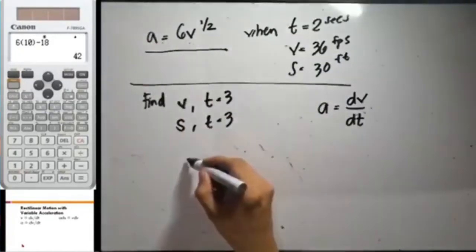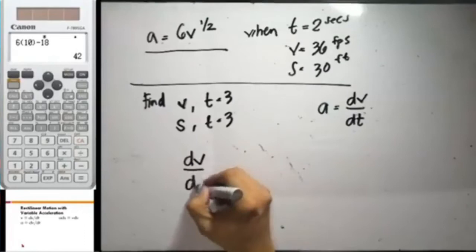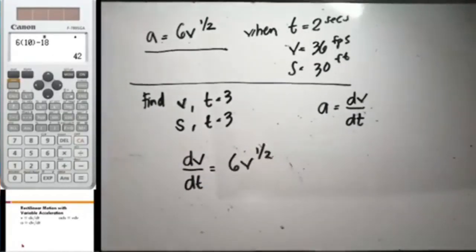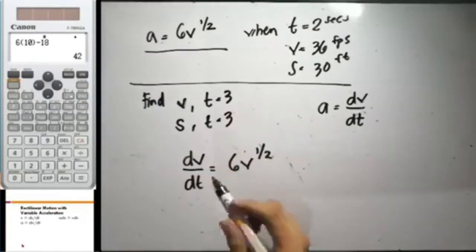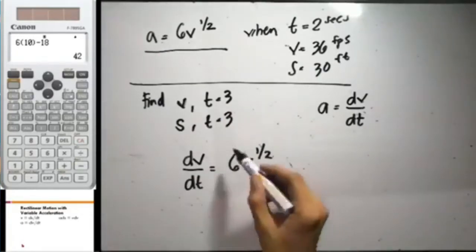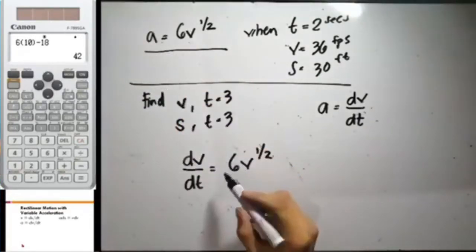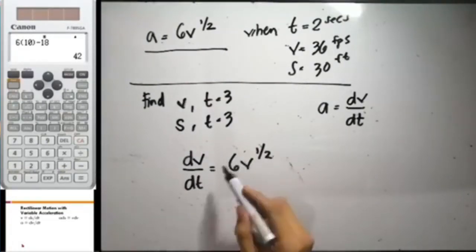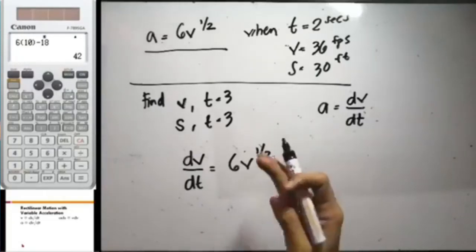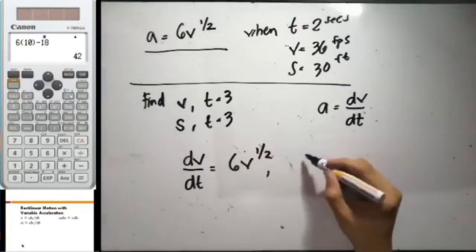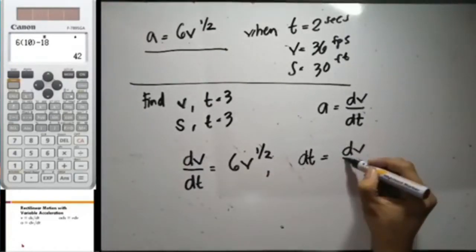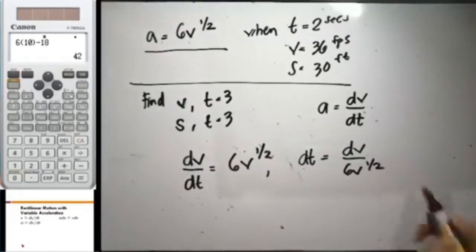So pwede natin sabihin na acceleration dv over dt equals 6v raised to 1 half. Tama? Kasi kailangan ko ng velocity in terms of time. So, gagawin kong dv over dt yung a. Tapos, lipat ko yung v doon sa kabila. So, pwede kong sabihin from this equation that dt equals dv over 6v raised to 1 half.